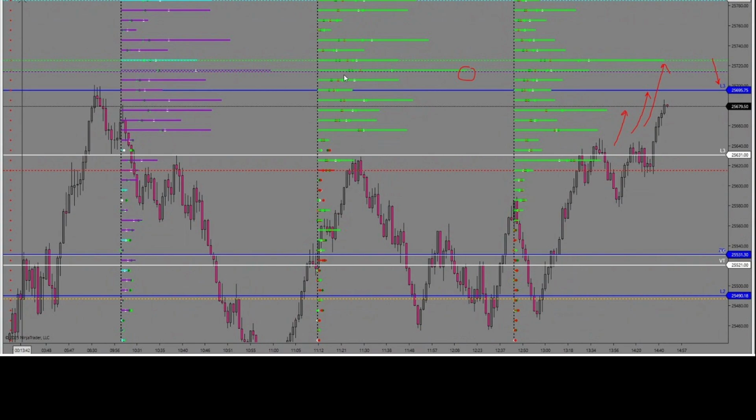And this histogram is the GEXBot bars that are representing the 0 DTE data. Those positions expire on the same day.